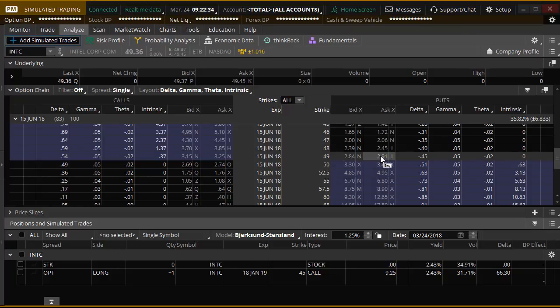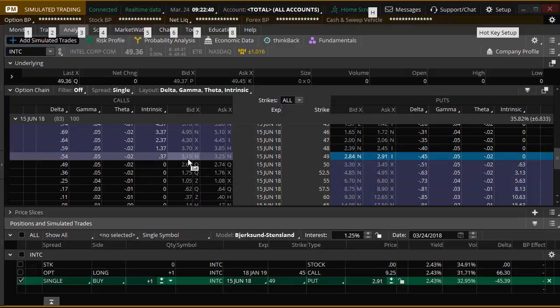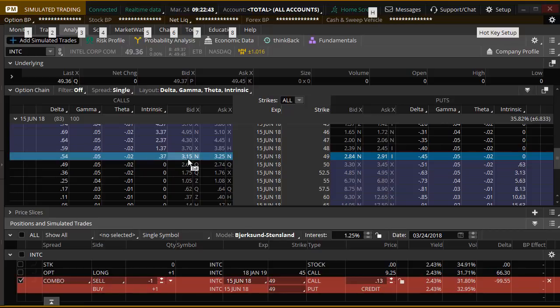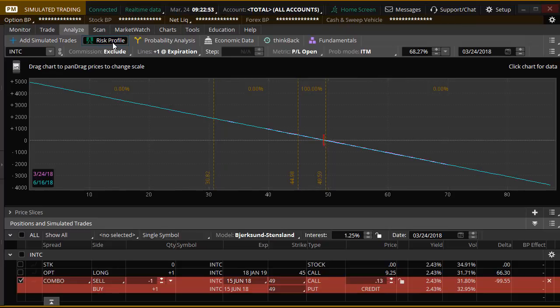We're going to buy the long put, sell the long call. Okay, this trade actually achieves a credit. Let's take a look at the risk profile. The risk profile is identical to a short trade.